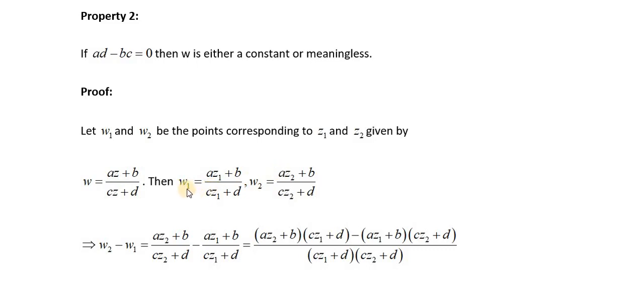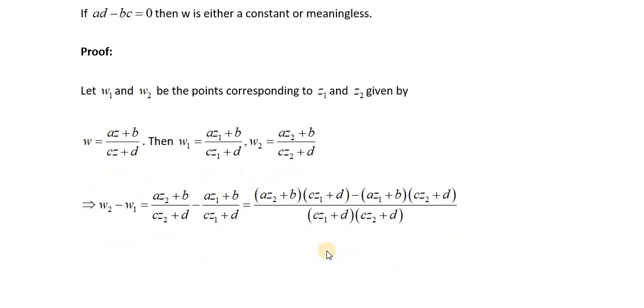Now we have W1 and W2. Do subtraction: W2 minus W1 equal to this fraction minus this fraction. Take the LCM, and after doing the LCM we get this fraction.